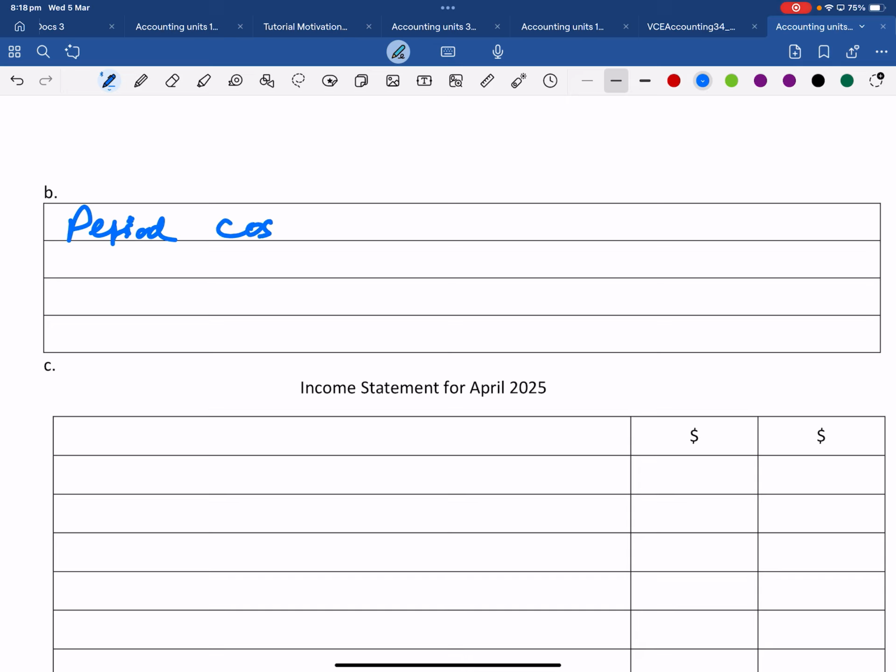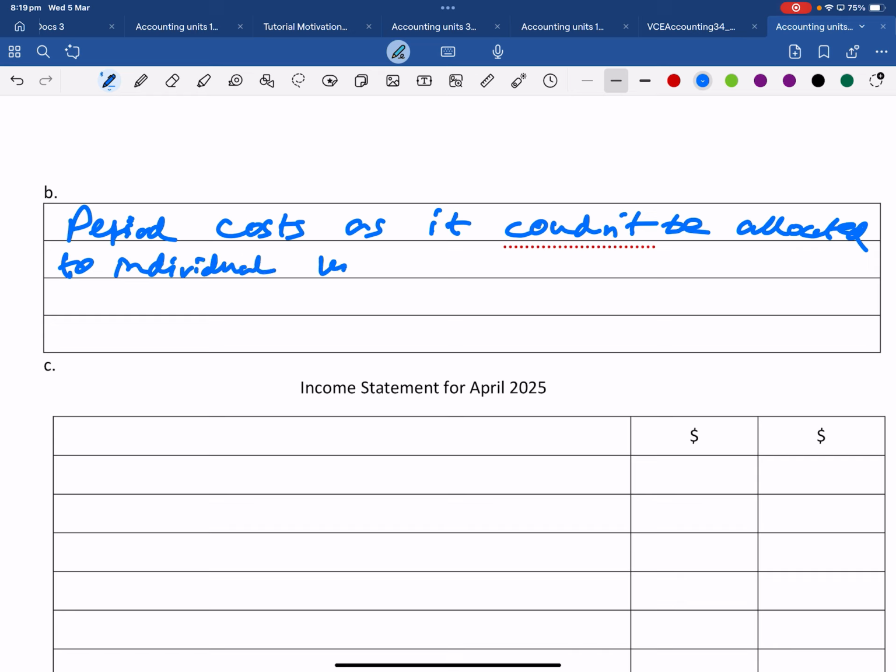I'll say period cost as it couldn't be allocated to individual units of inventory on a logical basis.